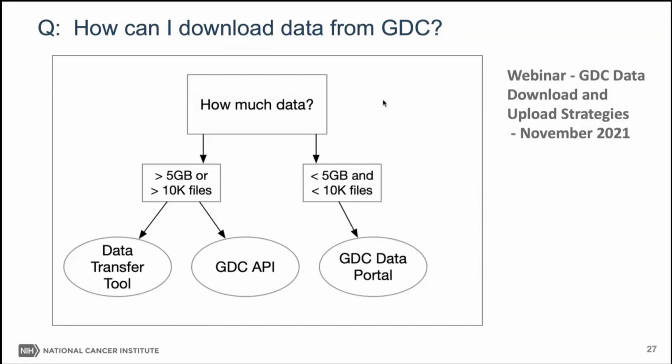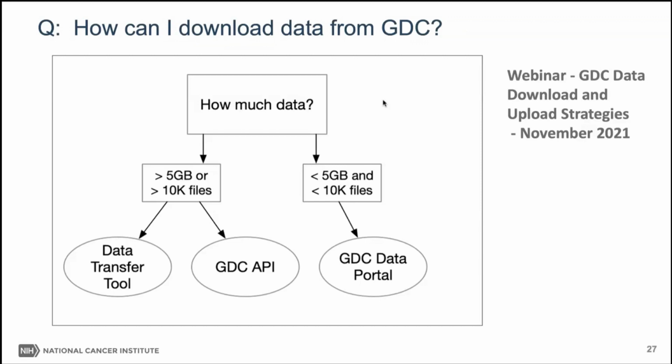If you have less than 5 gigabytes and less than 10,000 files, we recommend downloading from the GDC data portal. The other ones work too, but the GDC data portal can be a pretty easy way to access these files.